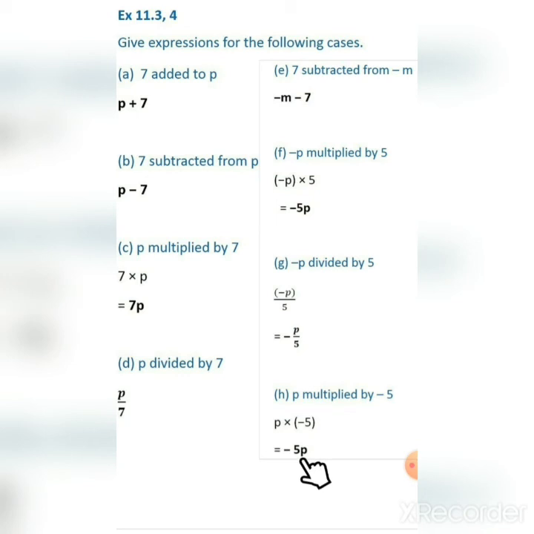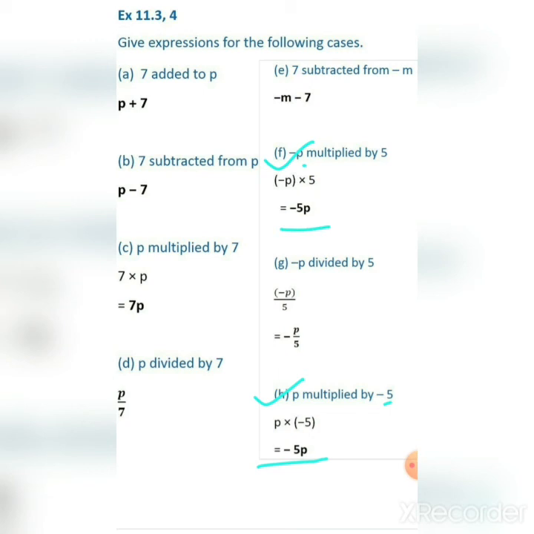What you can notice here is that question F and question H, both are similar, they form the same answer. If the negative sign is with the variable or with the number, it gives the same answer, minus 5p.